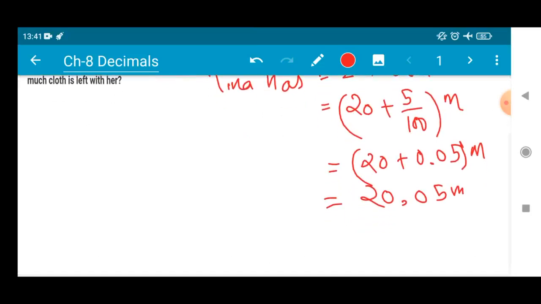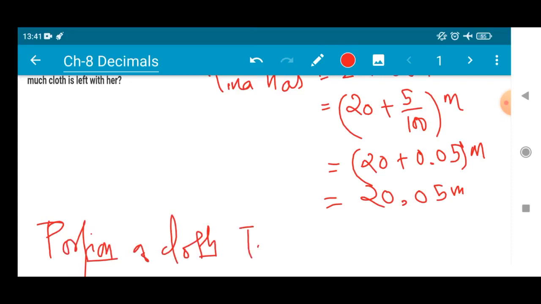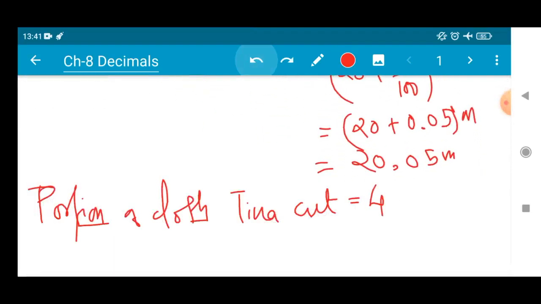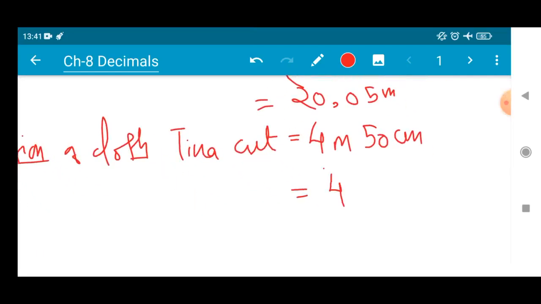Now from here, Tina is cutting, so let us write portion of cloth Tina cut is equal to 4 meter 50 centimeter, isn't it? So I am converting this again into meter.